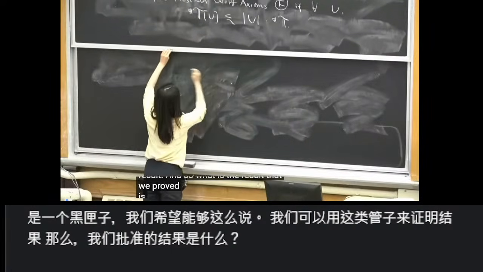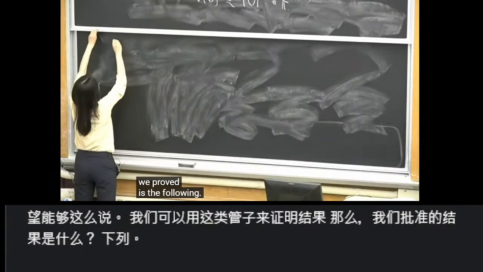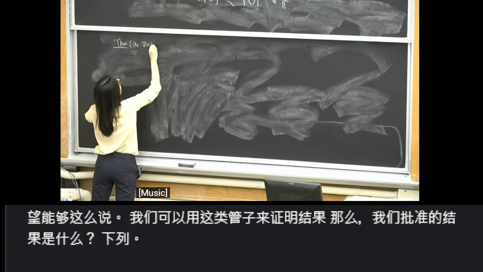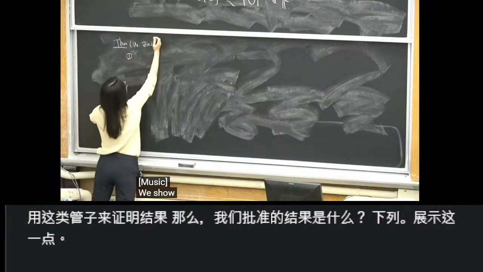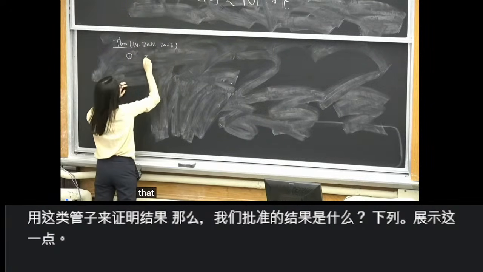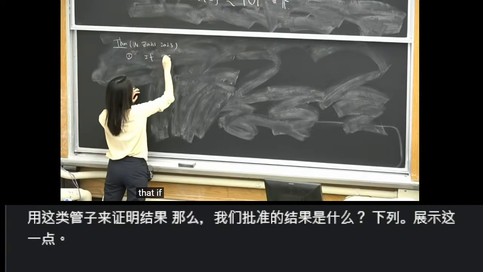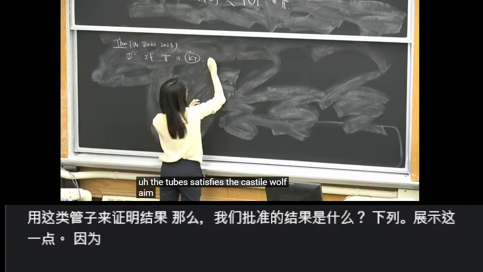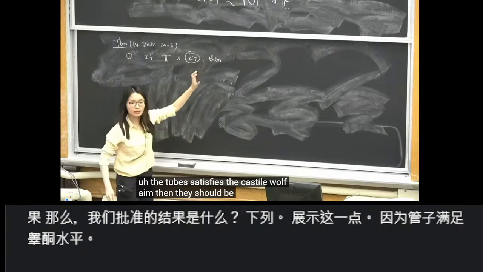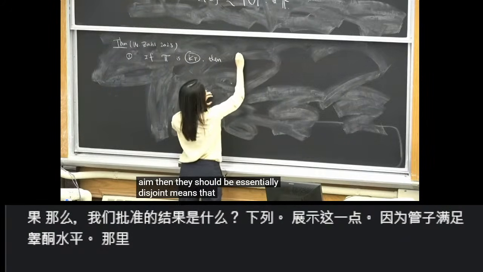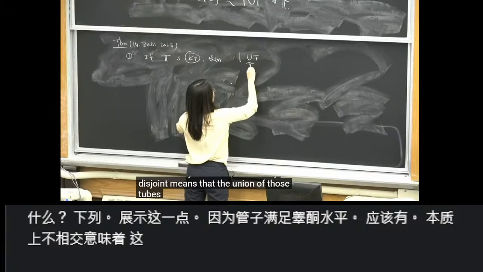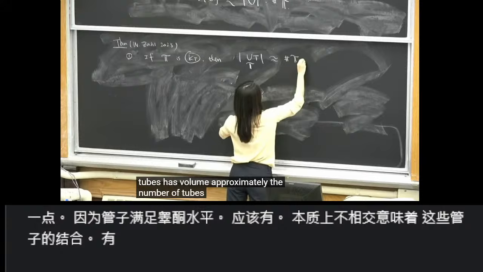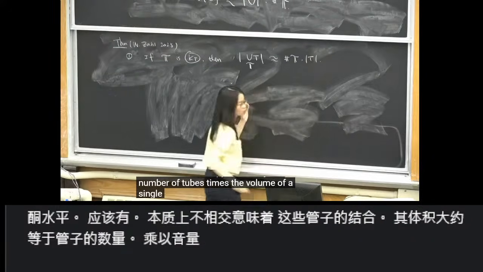It is the following. We show that if the tubes satisfy the Kakeya-Wolff axiom, then they should be essentially disjoint. This means that the union of those tubes has volume approximately the number of tubes times the volume of a single tube.